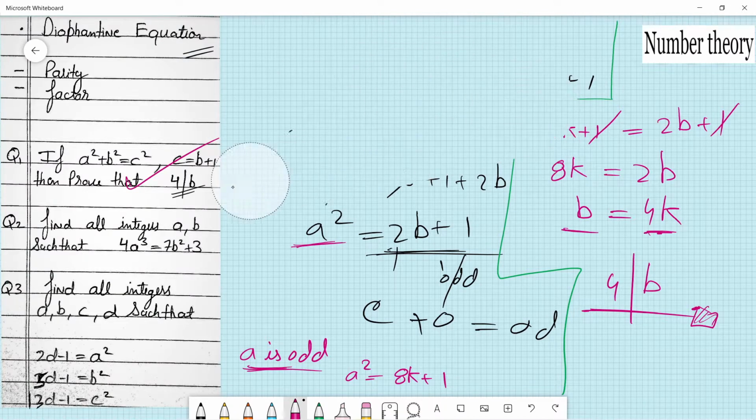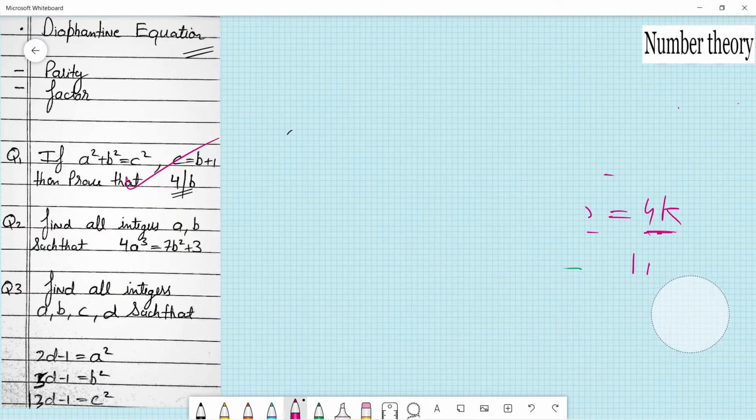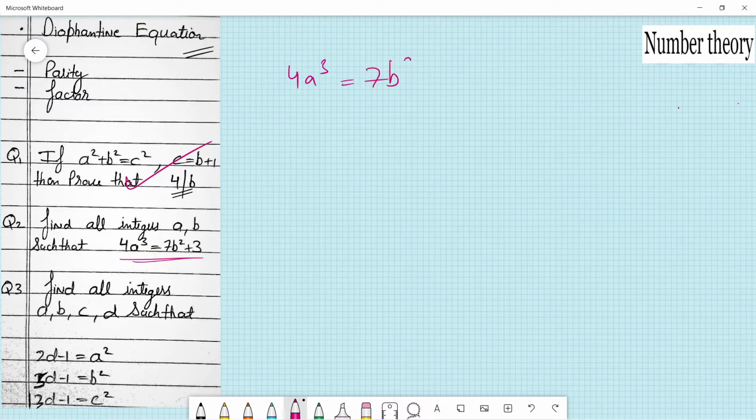Let's move to question number 2. Question 2 says we have to find all integers a, b such that they satisfy this equation. So let's write it down here. Okay, similarly 4 divides the left hand side, so 4 also has to divide the right hand side, and the left hand side is even, so this whole thing also has to be even.